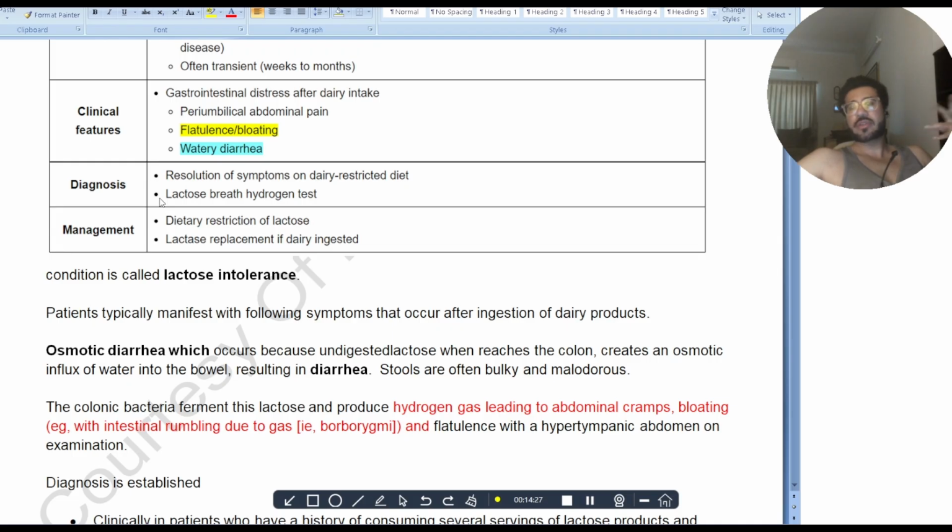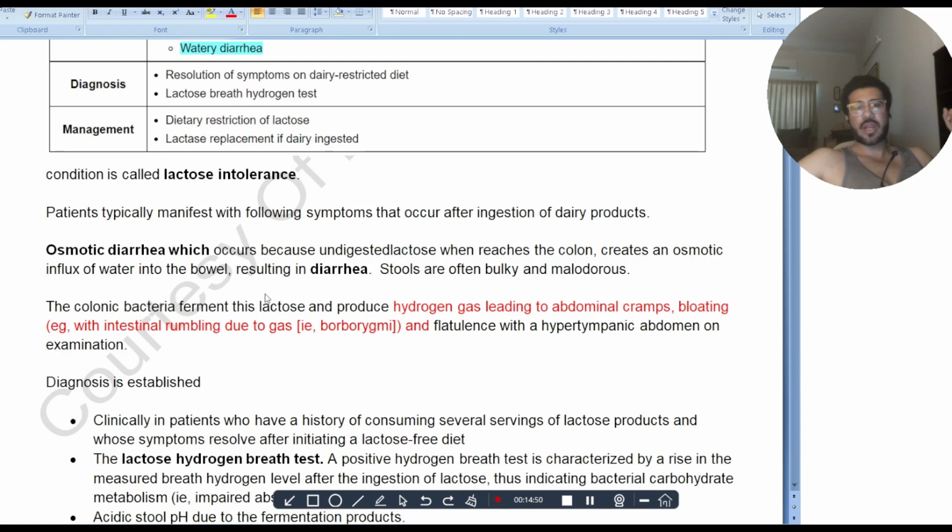A patient is having active symptoms, you do the hydrogen breath test where you detect hydrogen from the breath. If it's positive, it means the bacteria are breaking down lactose and the lactose has not been absorbed, and it confirms the diagnosis. Another way is to ask the patient to quit dairy, and if the symptoms go away, it's confirmed that way.